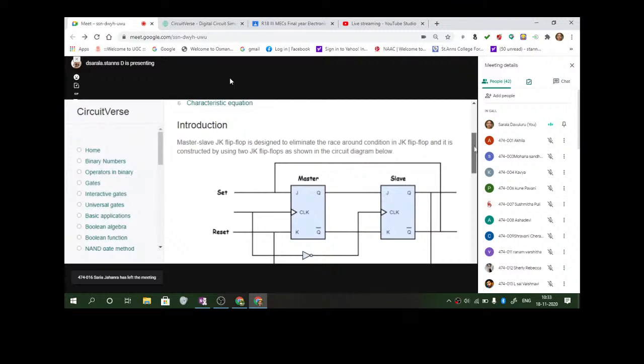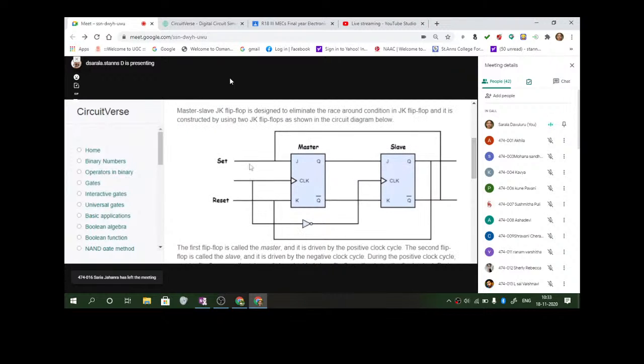So this is set and reset. J and K are called set and reset. Now what is important is the clock is connected by means of an inverter to the slave. So if the master is positive edge triggered, the slave will be negative edge triggered because of this inversion here. That means the slave copies the action of the master after one clock cycle.